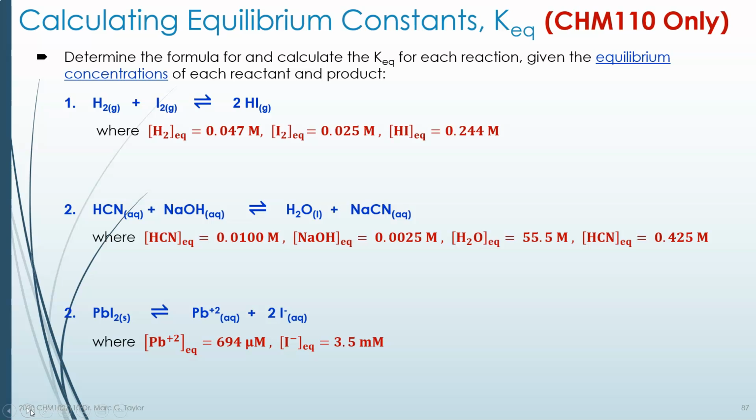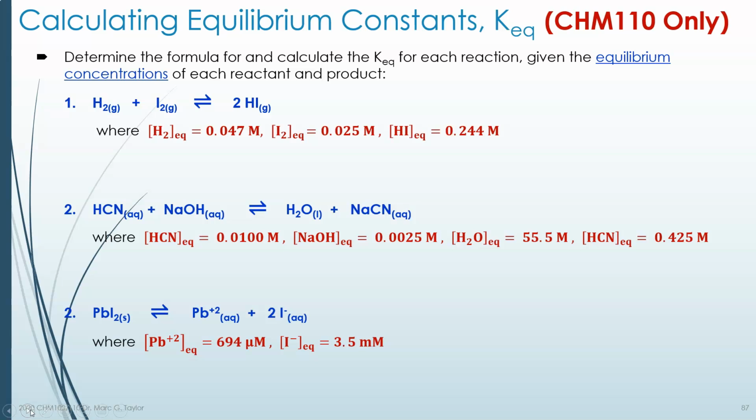And I've given you the 3 concentrations at equilibrium. The concentration of hydrogen gas at equilibrium is 0.047 molar. For iodine, which is a solid crystal normally at room temperature, but this reaction is done as a gas, the equilibrium concentration is 0.025 molar, and the concentration of HI at equilibrium is 0.244 molar.